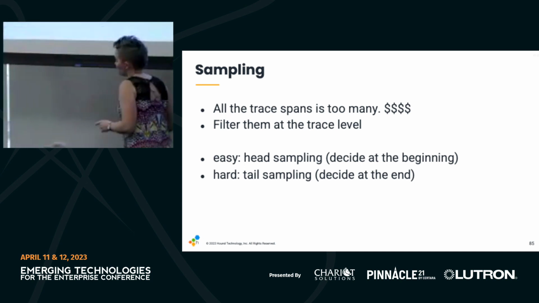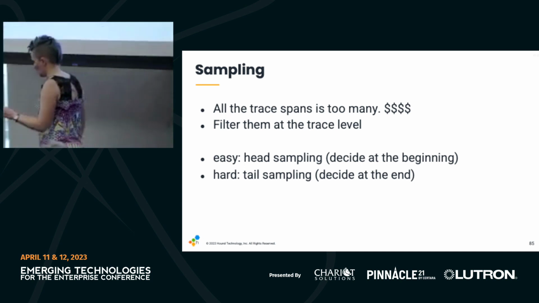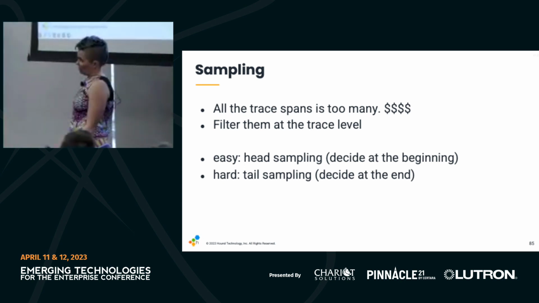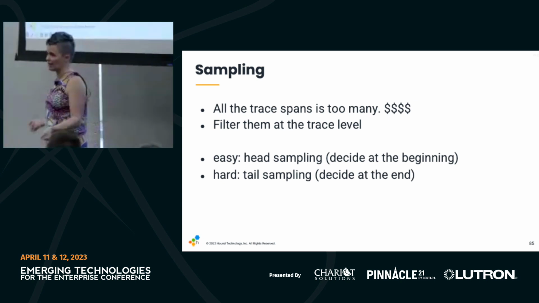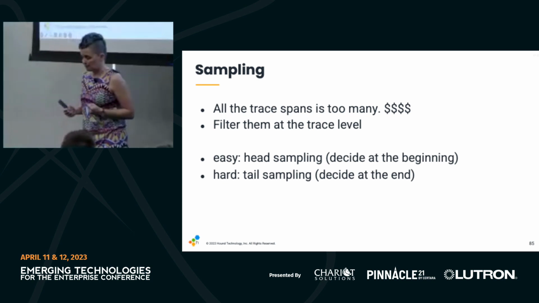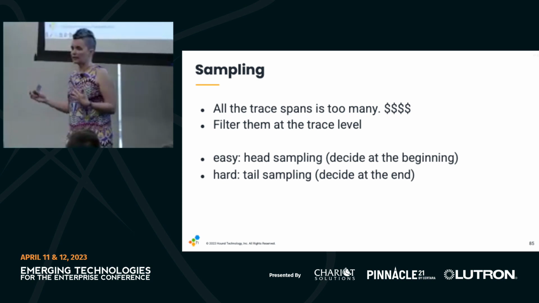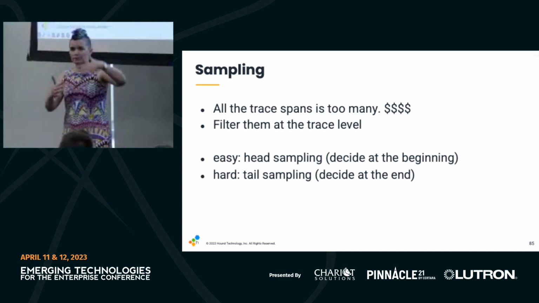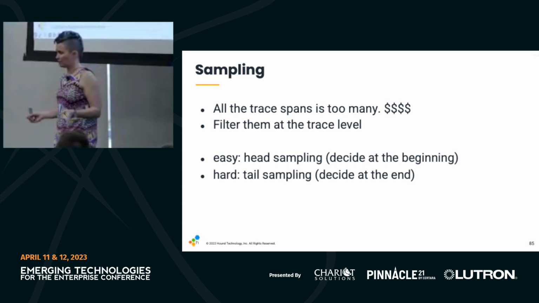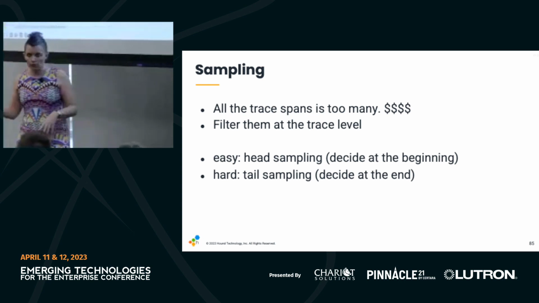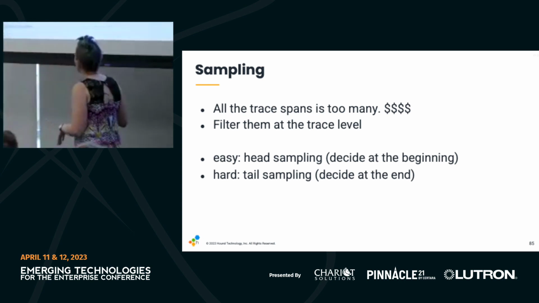You don't want to save all the spans because storage for these is a lot more expensive than logs. Logs are just strings. We're pretty good at storing those. S3 can take them all. But these, you need to access them in a way that stitches them together and puts them into a trace, and searches and aggregates and so on, which is more expensive. So you don't keep them all, and you can sample intelligently.